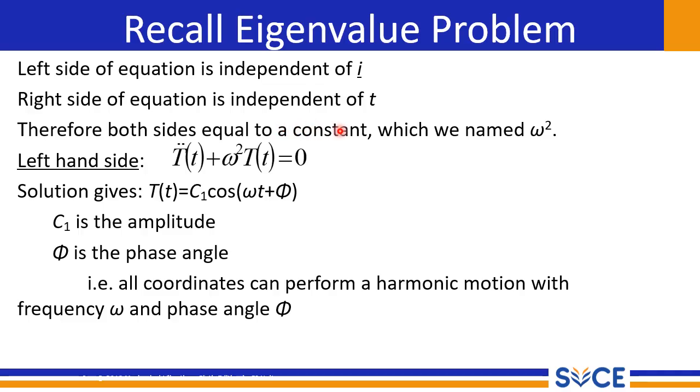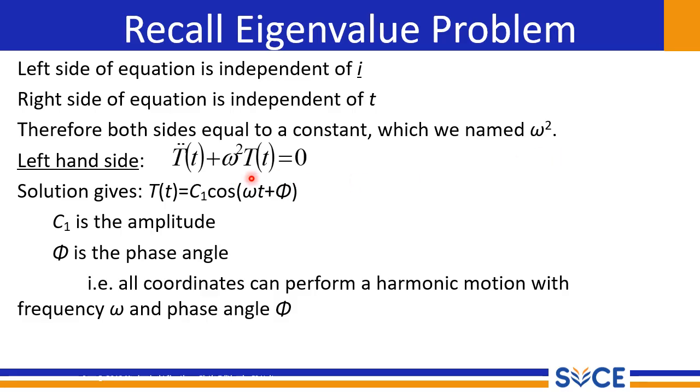The only way for this equality to hold is if both sides are equal to the same constant, that is, we can use omega square for this constant, where omega square is a positive value as it directly relates to the frequency of oscillation. So we now have a simple second order linear ordinary differential equation for T of t.